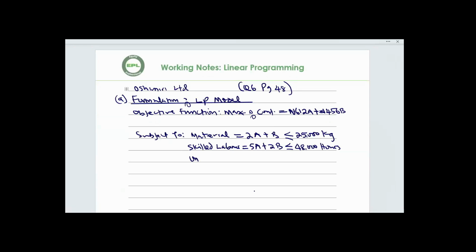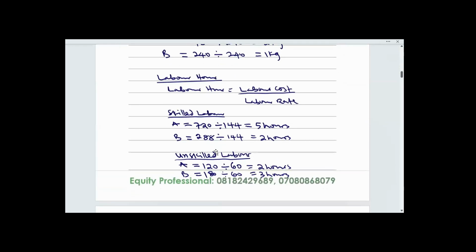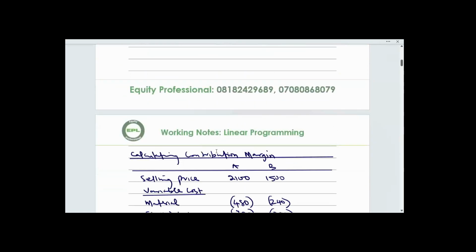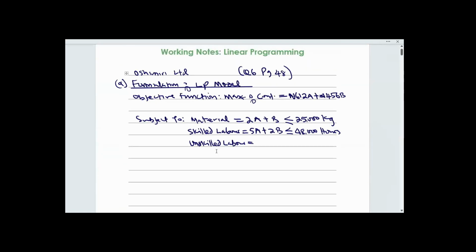Then unskilled labor. Based on our working, the unskilled labor hour per unit is 2 to 3, so 2A plus 3B less than or equal to 39,000 hours.